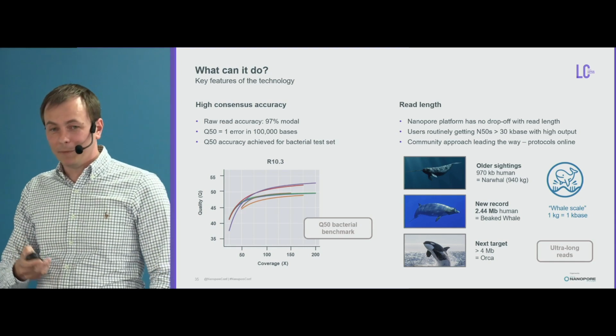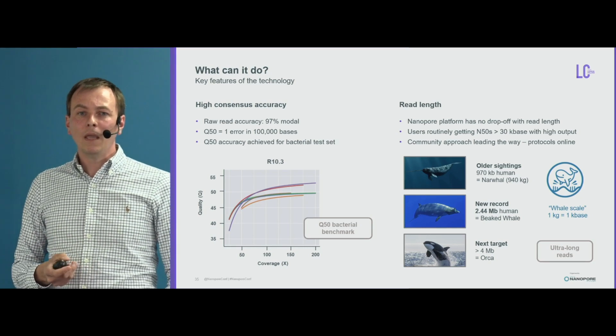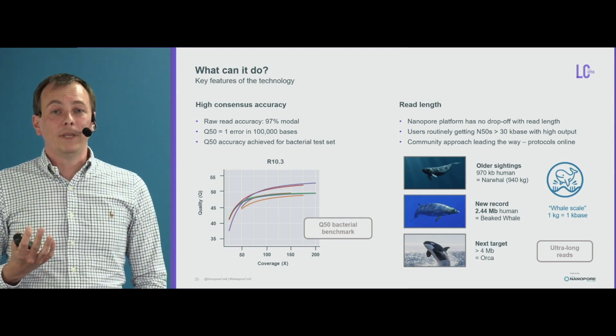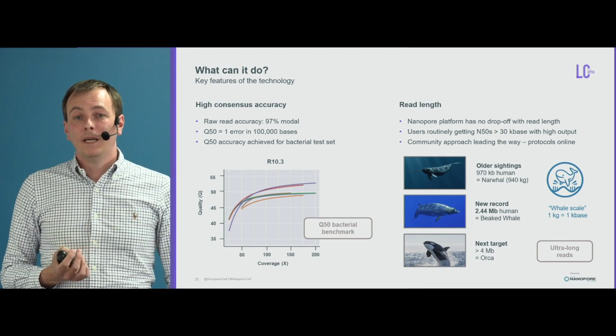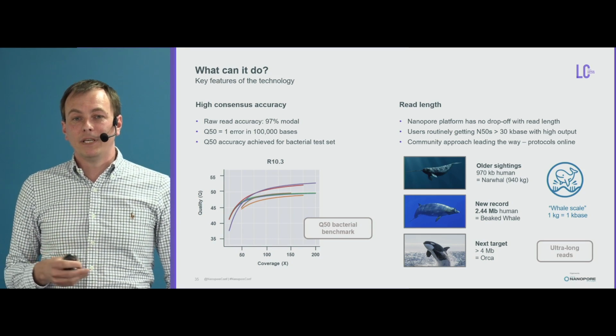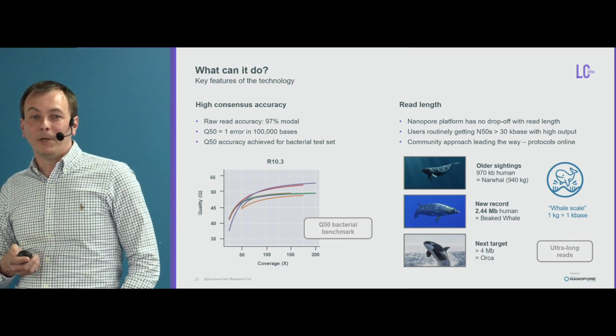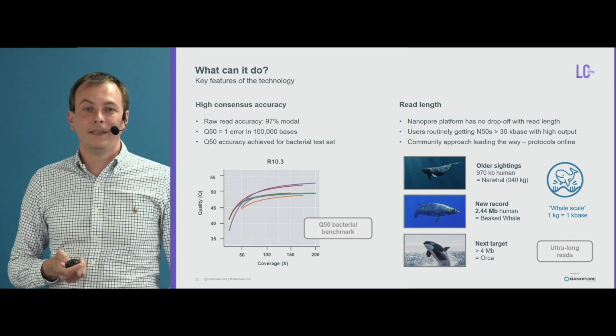So it just shows what the platform's capable of. But we know that not everyone can get a high output on these ultra-long reads, and that's an active area of research and something that Clive is very interested in, and I'm sure you'll hear more about that in the near future.